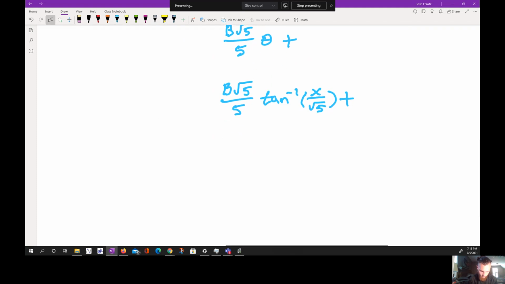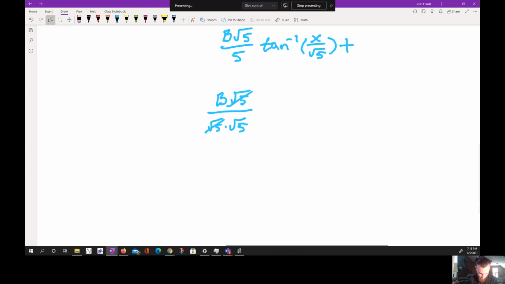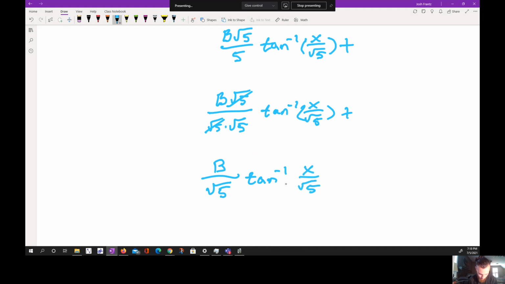And we can simplify this even more if we wanted to. We can split that into b root 5 just to get rid of that square root in the numerator. So it would just be left with b over square root 5 tangent inverse of x over root 5, and then plus our final integral.